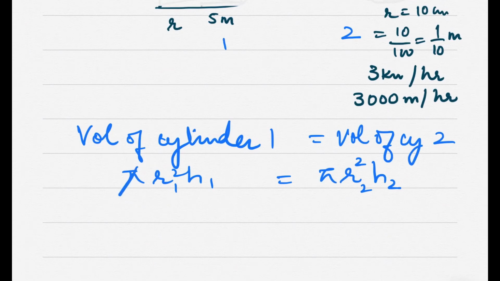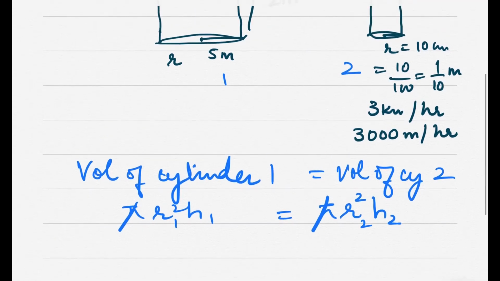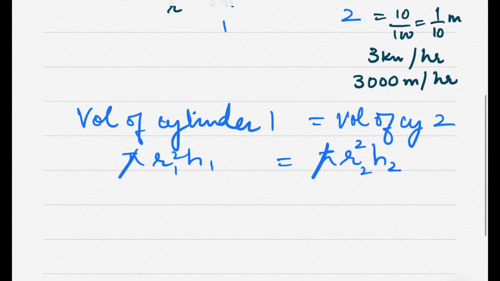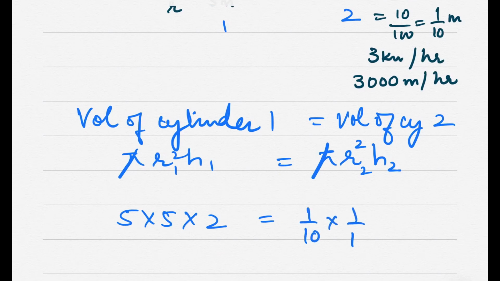So these can be 2 and these I can represent by 1. Now pi will get cancelled because it's the same thing on both sides, so that's okay. Now radius is equal to 5 and height is 2, so 5 into 5 into 2, and this radius is 1 by 10 into 1 by 10, but height, right?